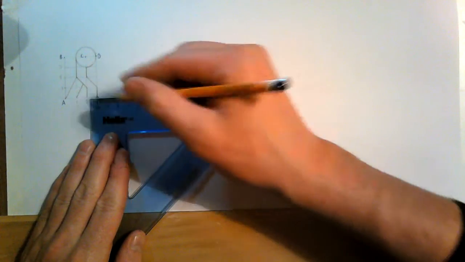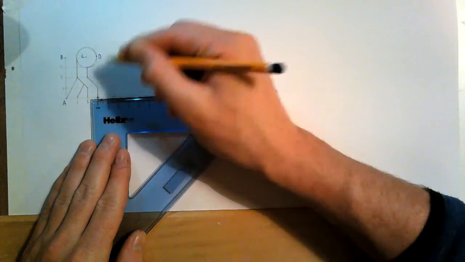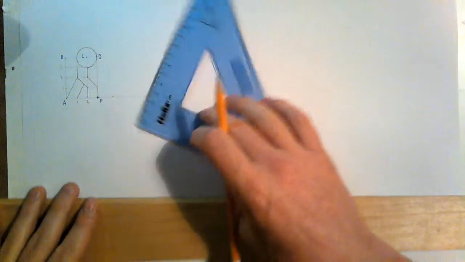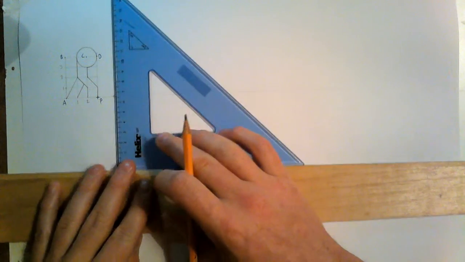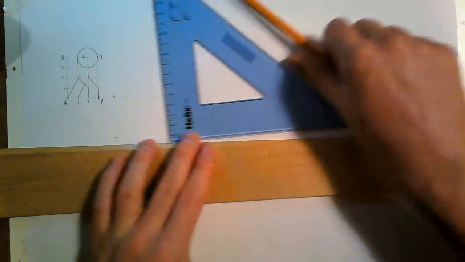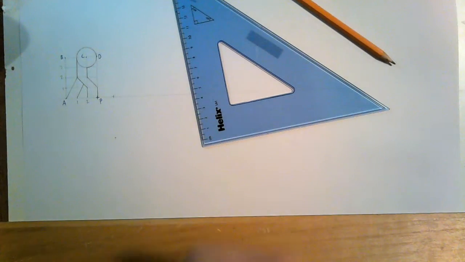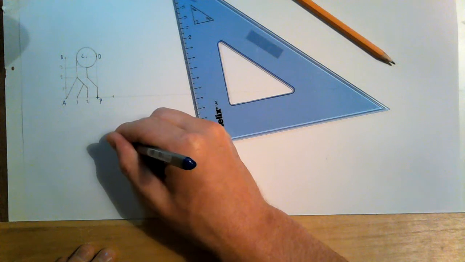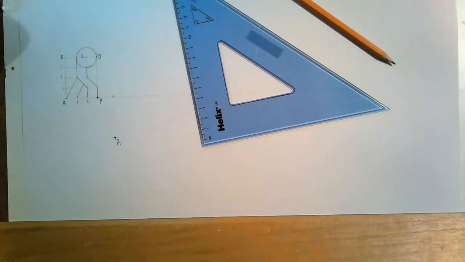So the first one is out 15, and it's down 40. So this is P1.